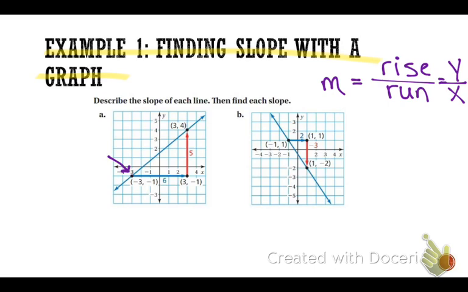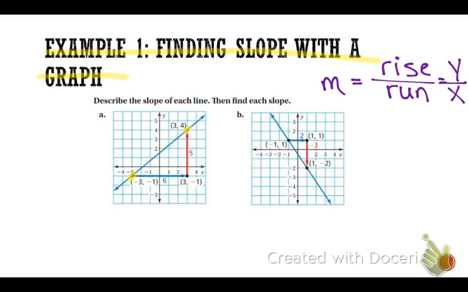I just drew the arrow that is your first point on the graph from left to right. Between your first point and your second point, what is the change in the rise, meaning the change in your Y value? You go from a starting Y value to an ending Y value. We need to count that rise.